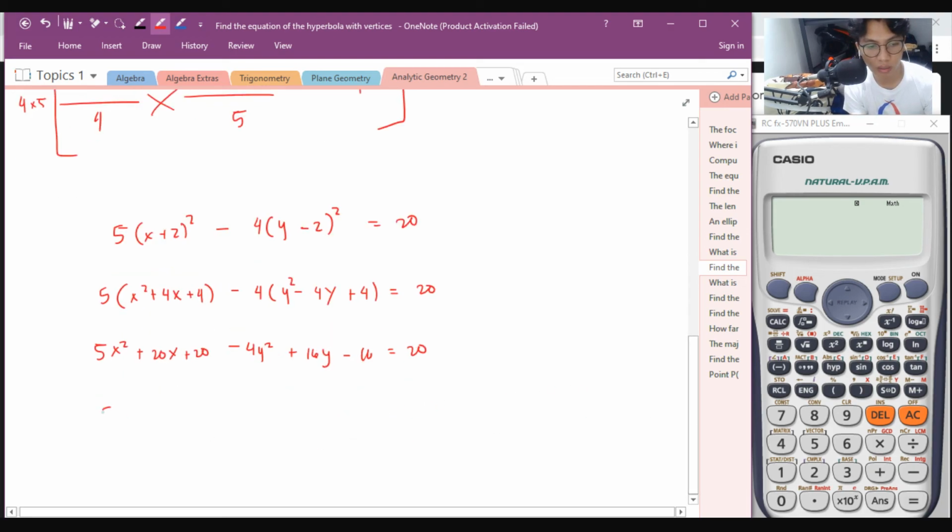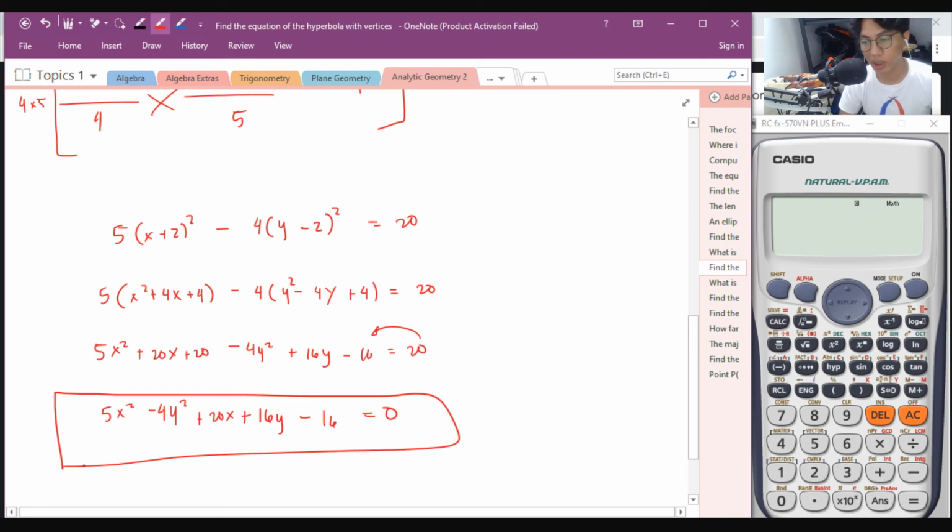Sama-samahin natin. 5x squared minus 4y squared plus 20x plus 16y. Negative 16, positive 24, lipat mo dito. Positive 4, inilipat mo dito, nagiging negative. Negative 20 plus 4, that is negative 16, equal to 0. This will be the general equation of the conic. Yun na po yun. That is the answer.